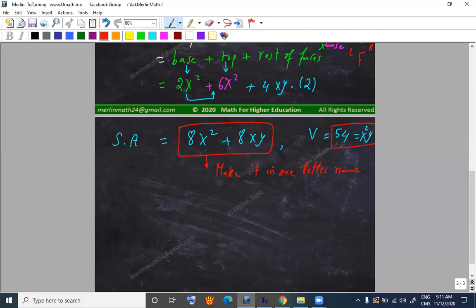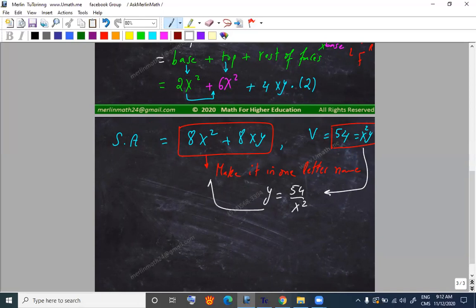Now it's easy to find y, not x, because I would need a square root for x. There's no rule about which one you get, either way, but you should find the simpler one. So for me, I want to find y. y equals 54 over x squared.